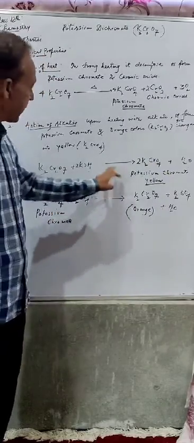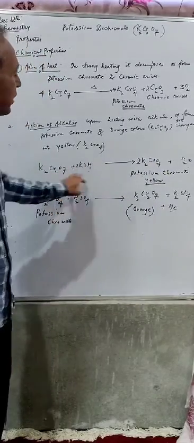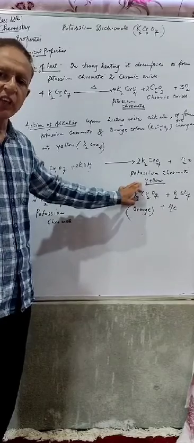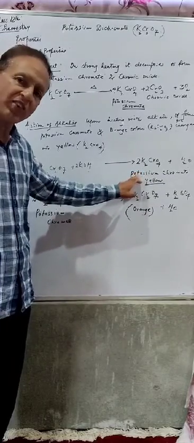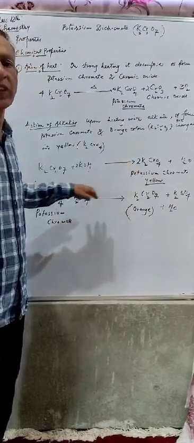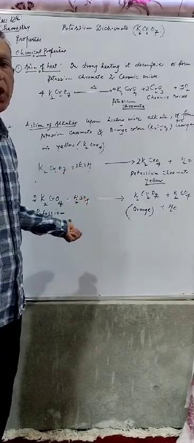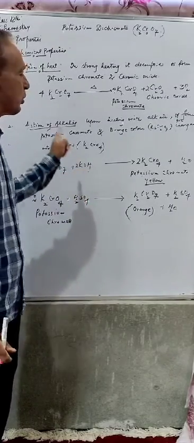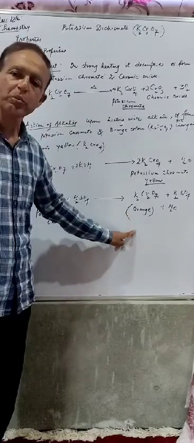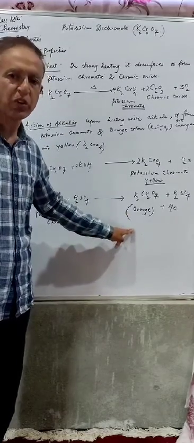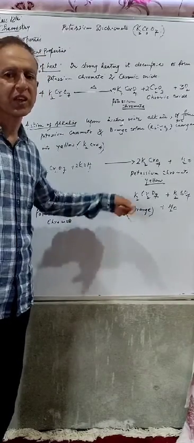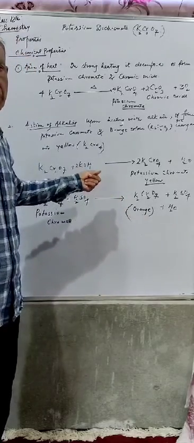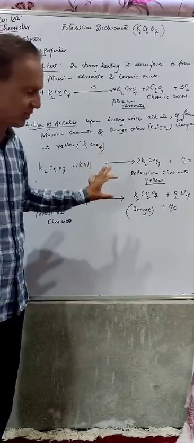In this potassium chromate, the color changes from orange to yellow. Again, when this potassium chromate is acidified, the color of the new solution changes from yellow to orange. That means potassium dichromate is again formed from potassium chromate when it is acidified.